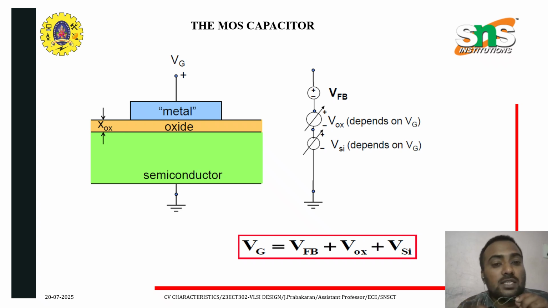This is the potential drop within the semiconductor, indicating how much band bending occurs due to the applied gate voltage; it governs whether the device is in accumulation, depletion, or inversion.